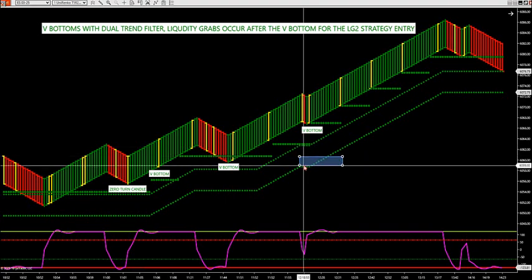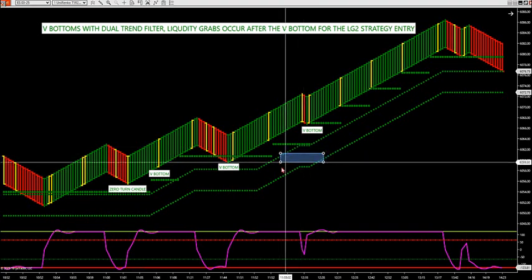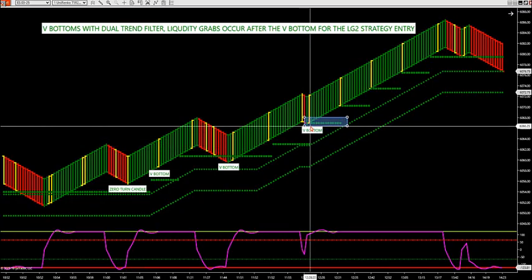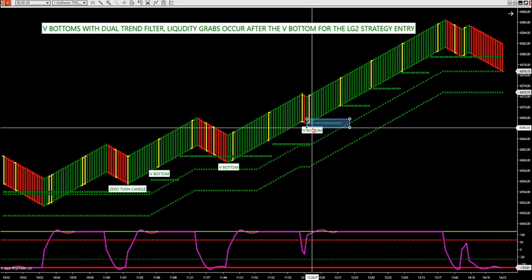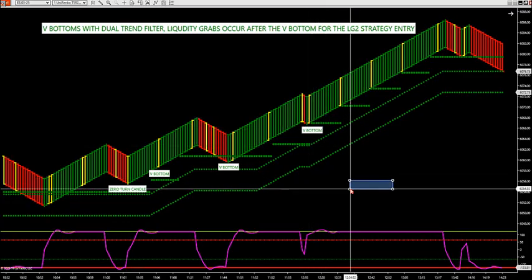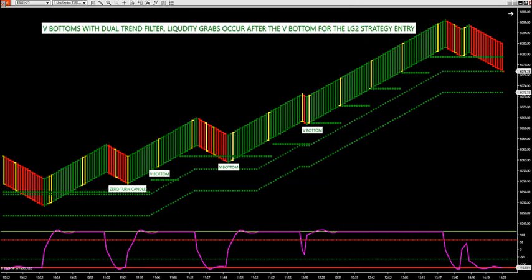So when they're both green, meaning you get the outer zone with the inside trend dots, that means you're in total alignment in the market. Your bias is looking to buy.